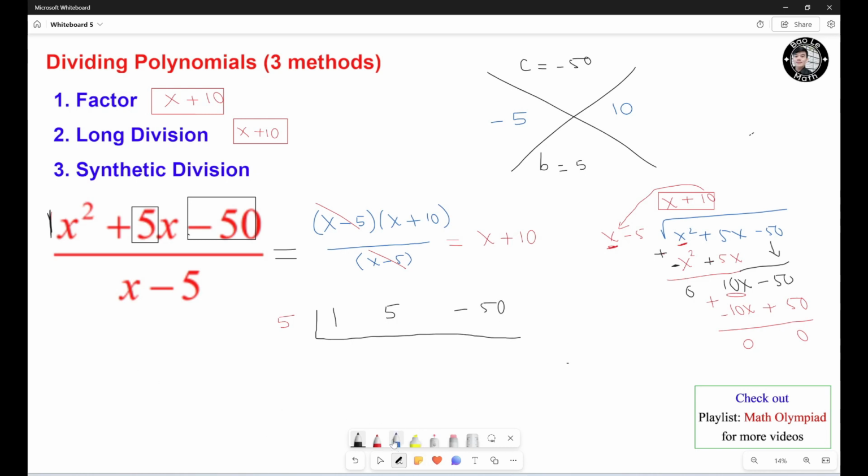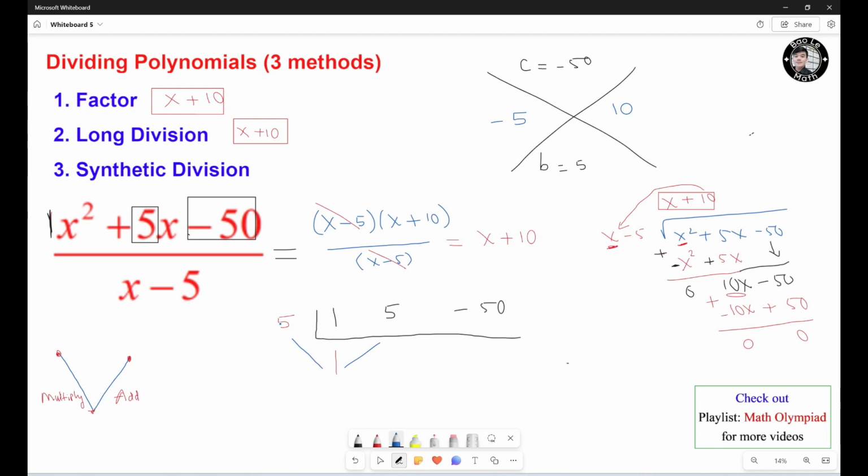Now keep in mind we have the V diagram. Apply this V diagram. This one and this one, we multiply. And these, we add. Now the first term, we need to bring this down, 1. And then we draw a V diagram like this.